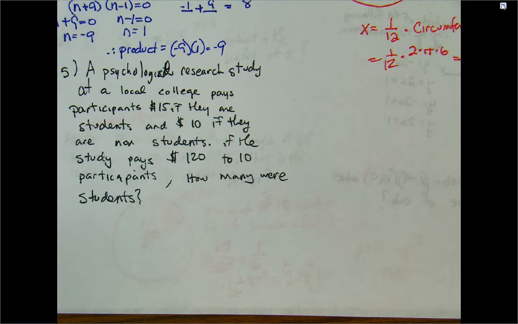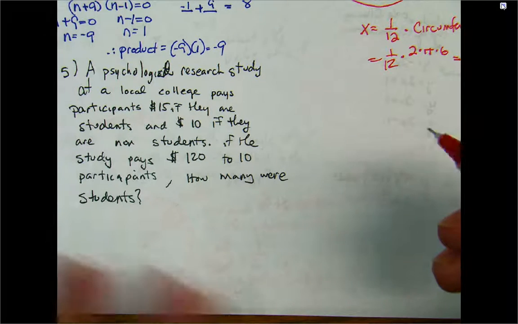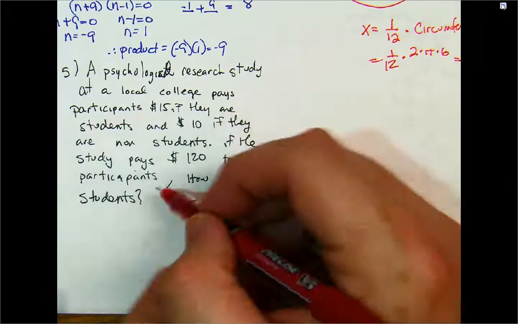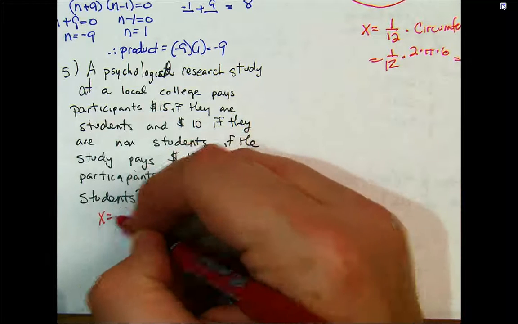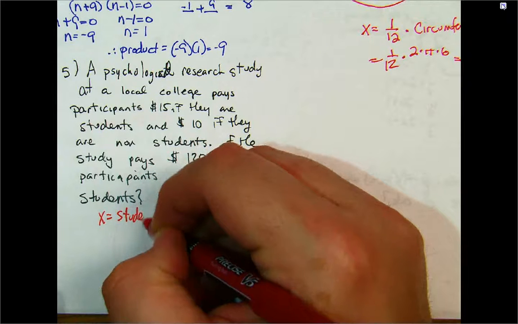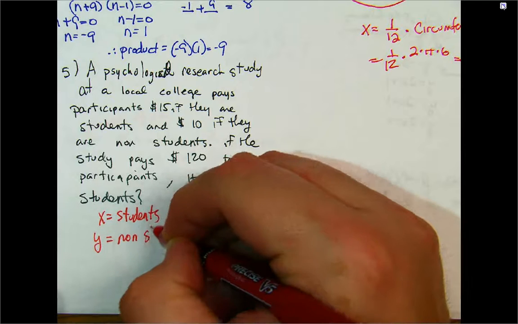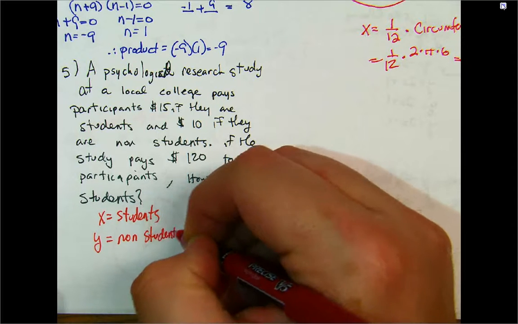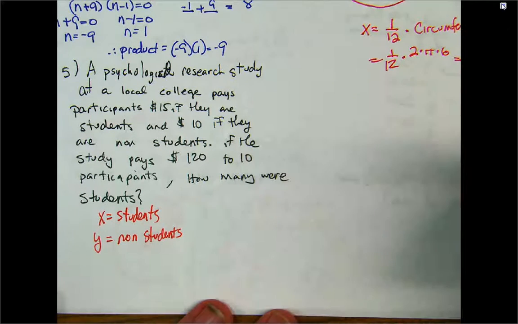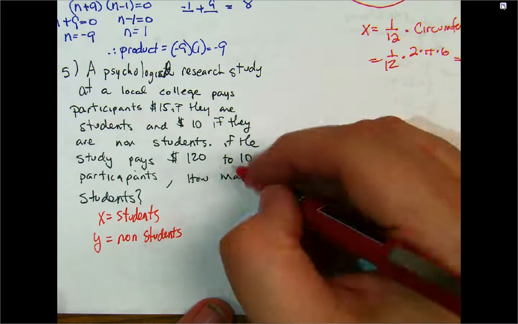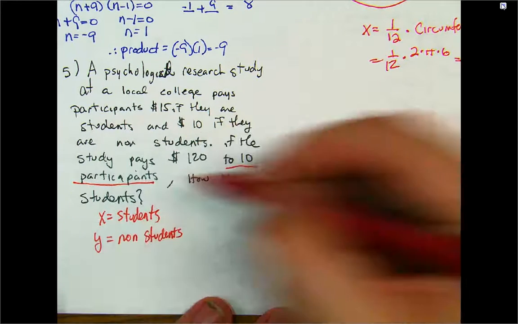If you let x be equal to the students, y be equal to the non-students, how many people participated? There were 10 participants. So x plus y is equal to 10.